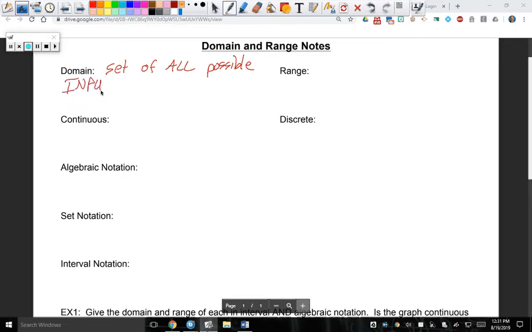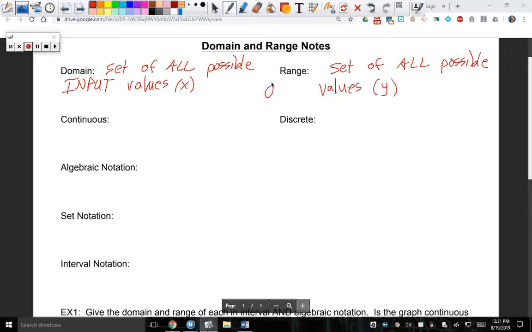Notice what's capitalized: x values, or values of x. Over here, a range is the set of all possible values that are y. And these are output, so put output values.